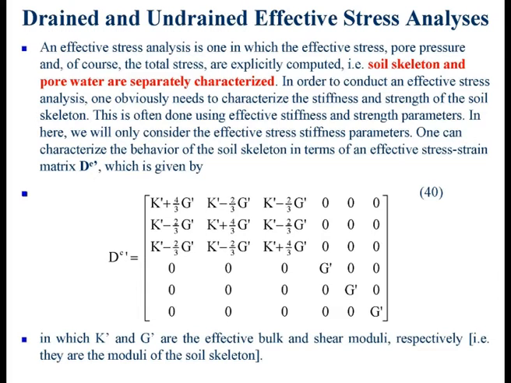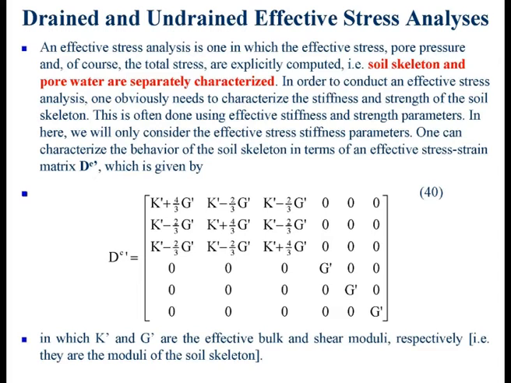So the effective stress analysis is one in which you explicitly compute the effective stress, compute the pore water pressure, and of course compute the total stress explicitly. This is how it works. Now, in order to do an effective stress analysis, you have to split the soil, in a sense, into two portions. One is called the soil skeleton, which is just a collection of the grains, and it has its own characteristics.